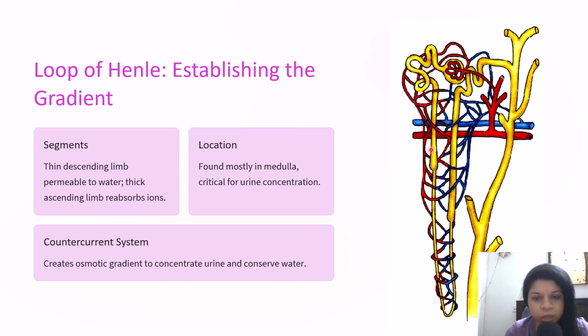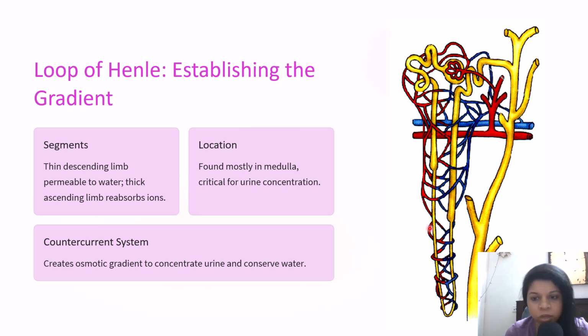So the loop of Henle has two components, that is the thin descending loop that is more permeable to water, to reabsorb water and concentrate, and then there is the thick ascending limb which will reabsorb the ions and it is impermeable to water. Here it is impermeable to ions and permeable to water, and in the thick ascending limb it is reabsorbing ions mainly.